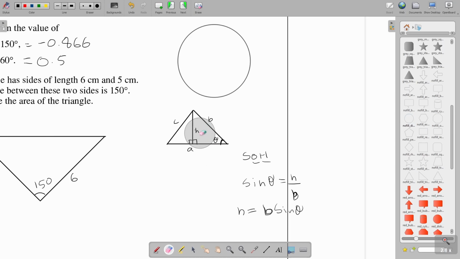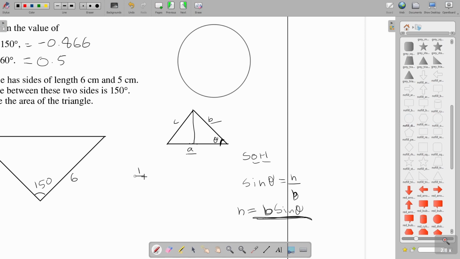So if I take the middle part away now, sadly I took a lot away. Let me use a smaller eraser. If I take the middle part away now, and let's say we only have a and b, and we have the angle between a and b, we still have a way to figure out the height, or we can substitute b sine theta for the height.